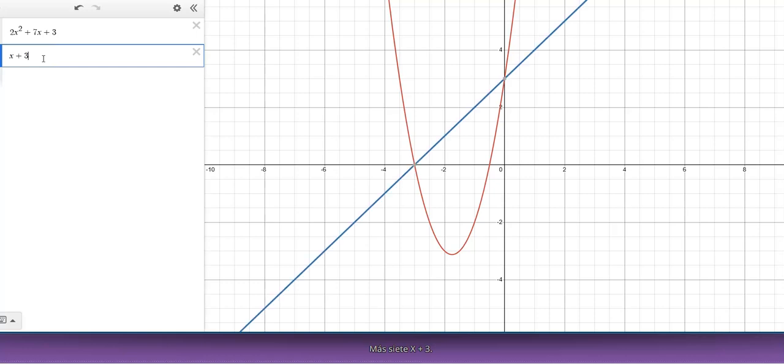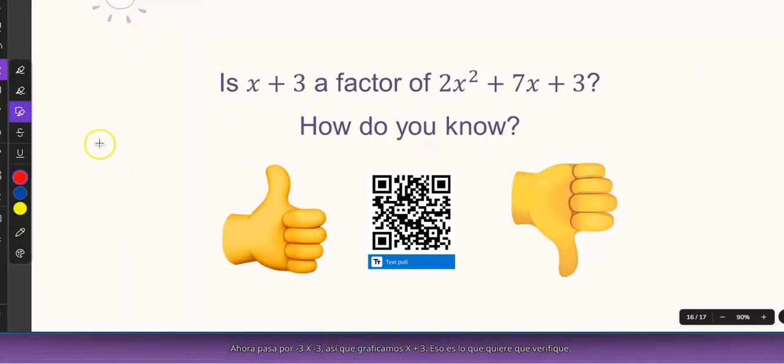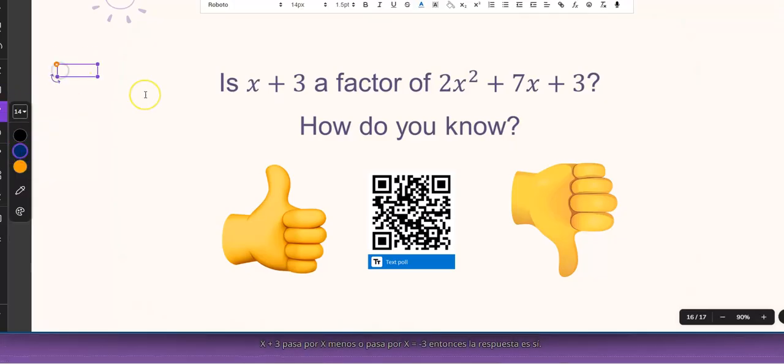X plus 3 goes through x equals -3. So the answer is yes, because it crosses a solution. Or you can say they share an x-intercept.